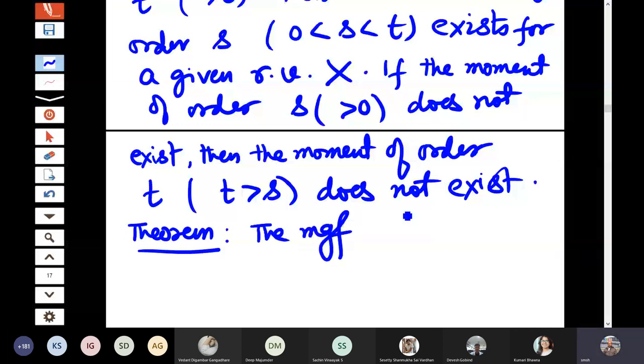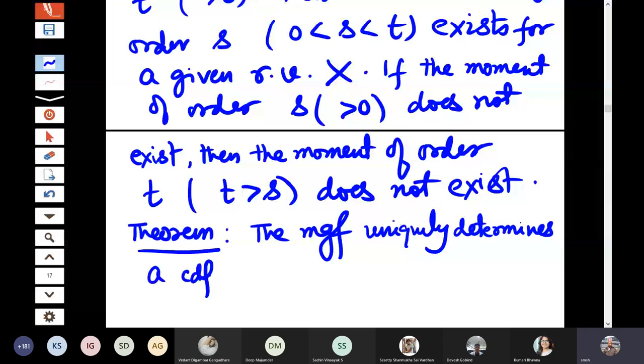The moment generating function. Another thing is that if the MGF exists, then the moments of all orders will exist.